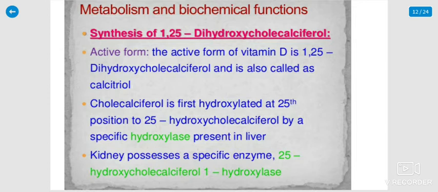Its synthesis gives 1,25-dihydroxycholecalciferol. The active form of vitamin D is called calcitriol. The kidney possesses the specific enzyme for it.